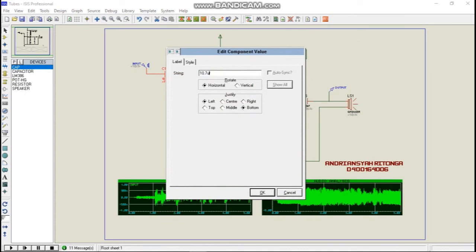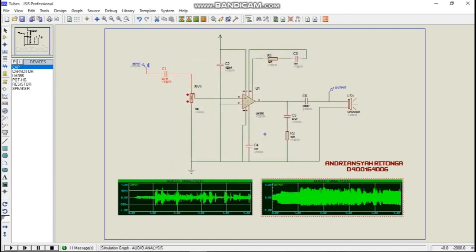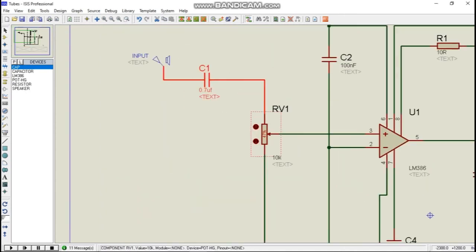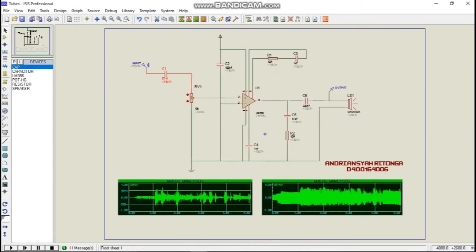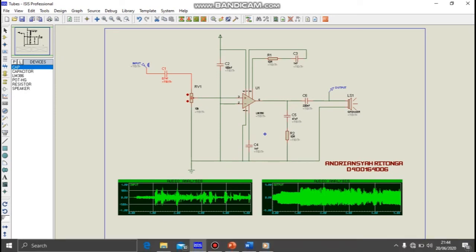Okay, and I will change to 0.7 microfarad, and I set the adjustable resistor to 50%. Okay, and we start. Now we hear the sound from the circuit.